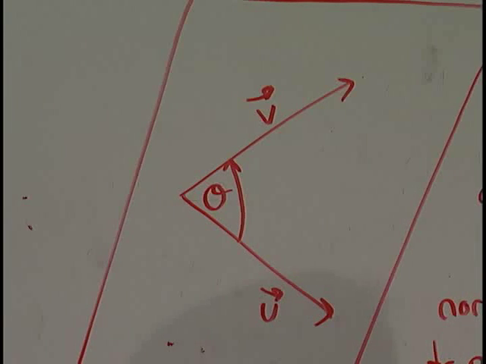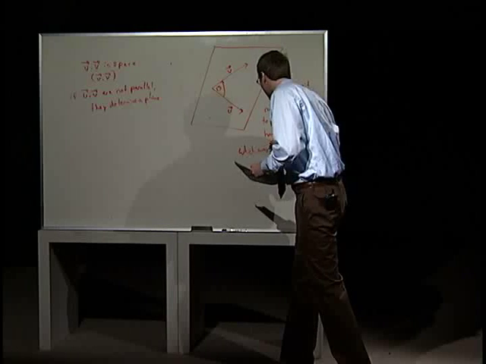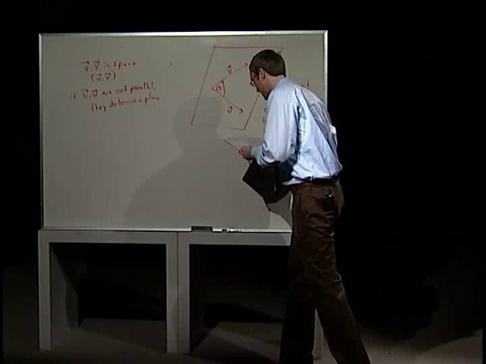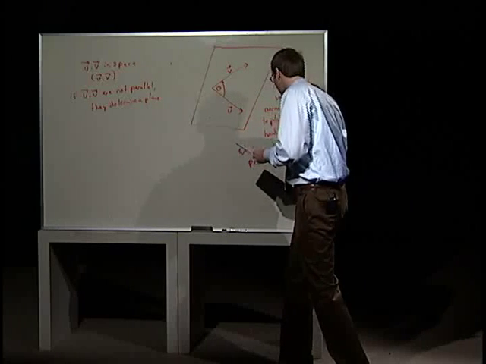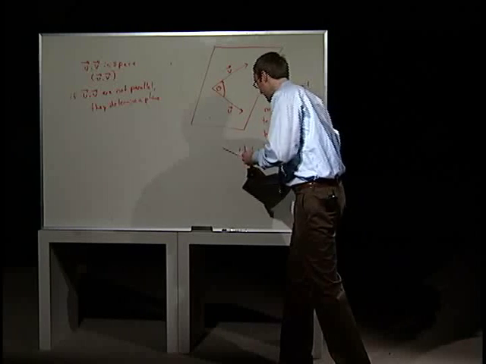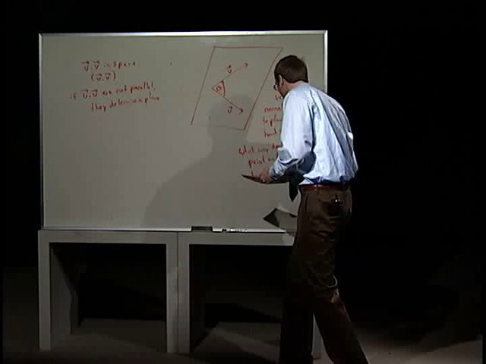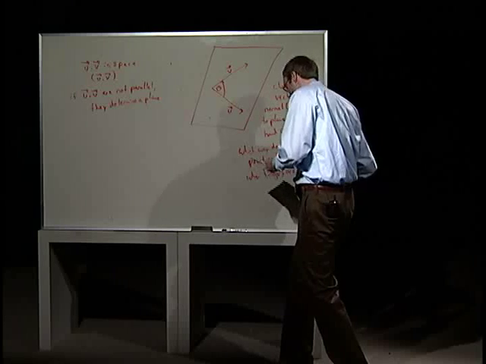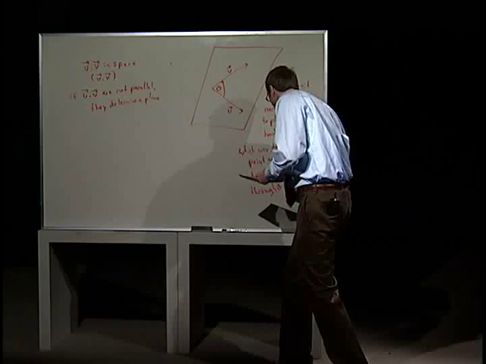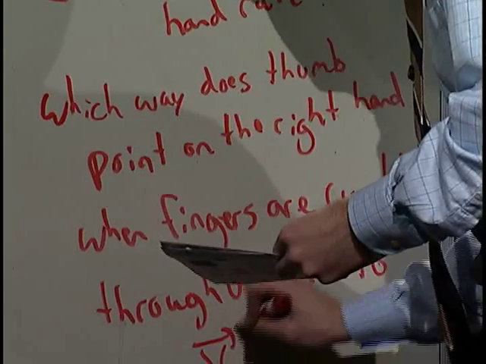So what does the right-hand rule say? It asks the question, which way does the thumb point on the right hand when the fingers are curled through theta from u to v.